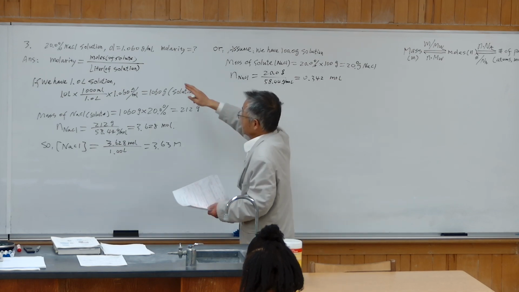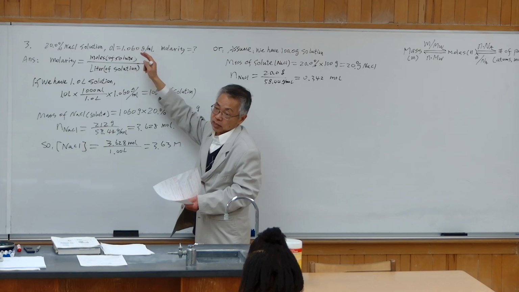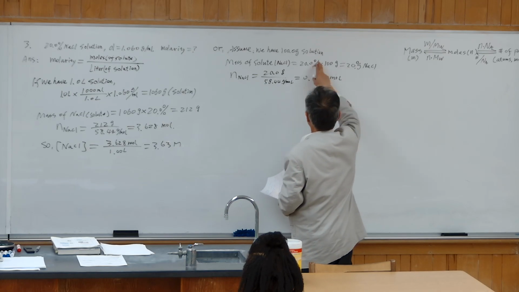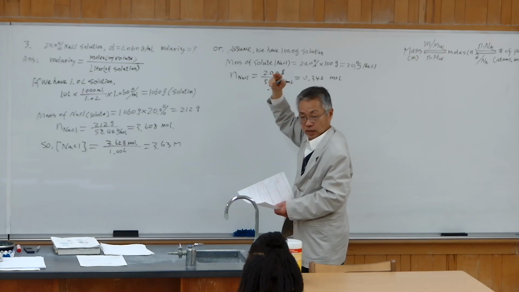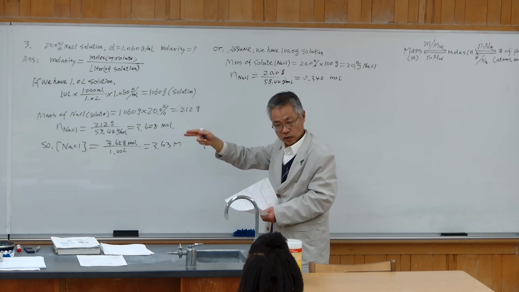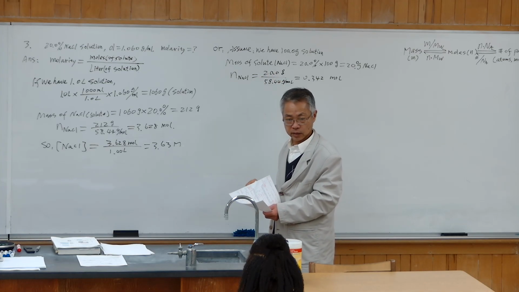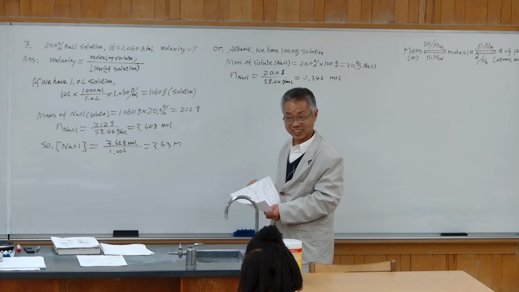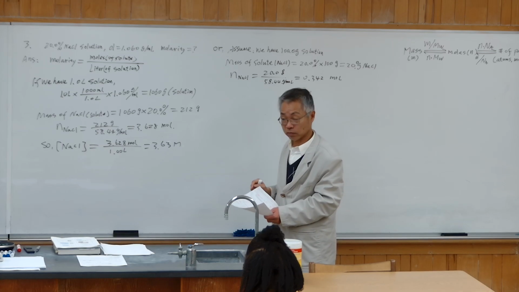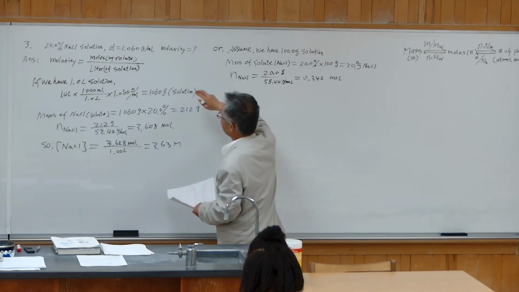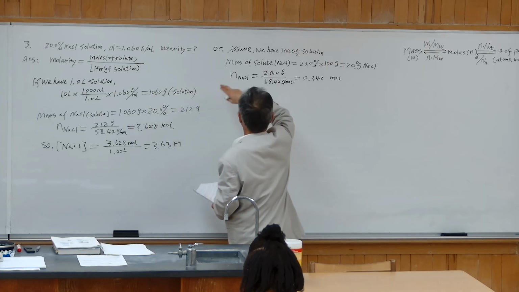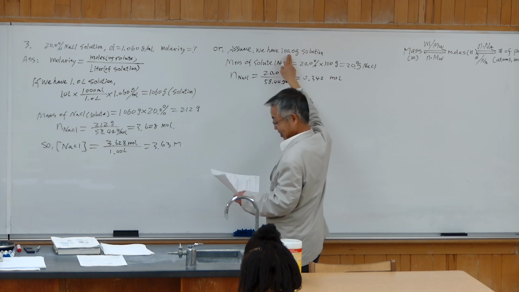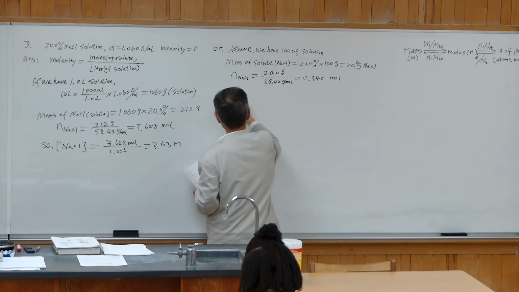We have one condition we have not used yet: density. We have density, we have mass. Density is mass divided by volume. Now we have density and mass, so we can figure out the volume.